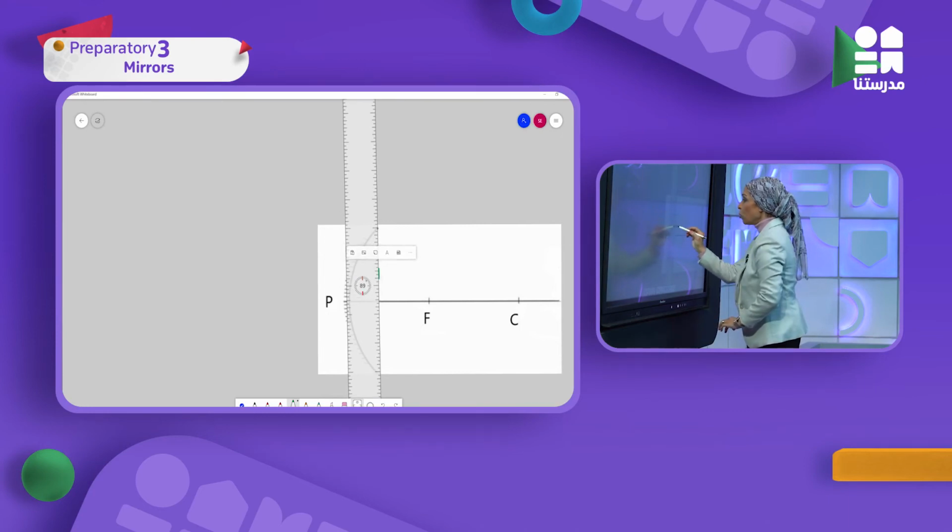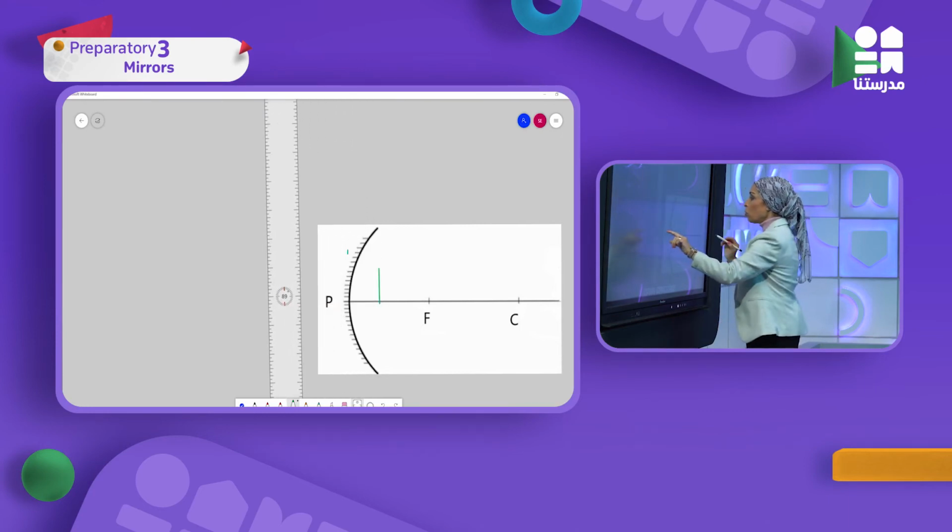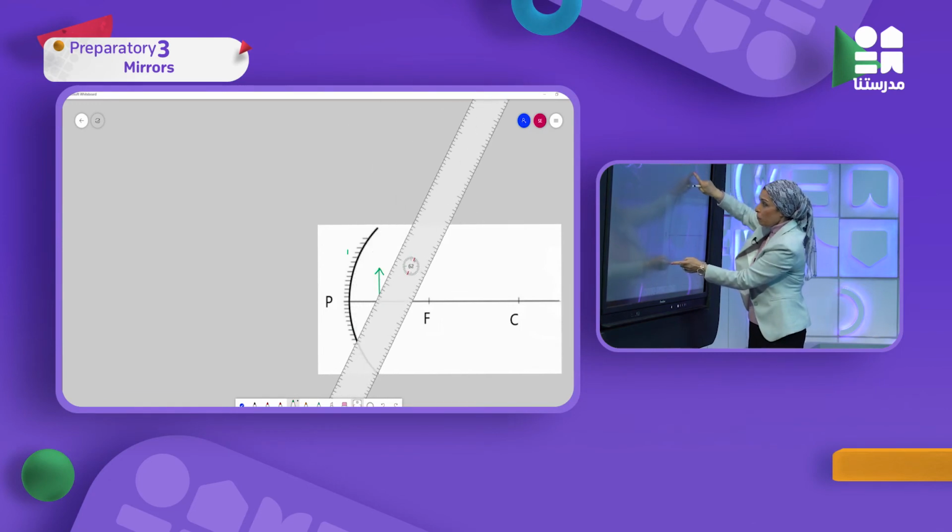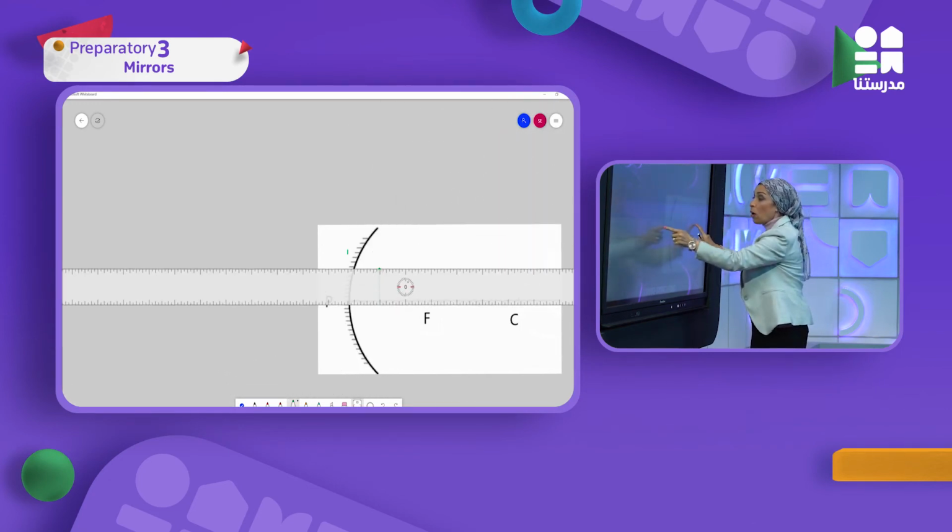This is the object between the focus and the pole. Then I start to make the first ray. We do this because this is the only case where we see the virtual image clearly.